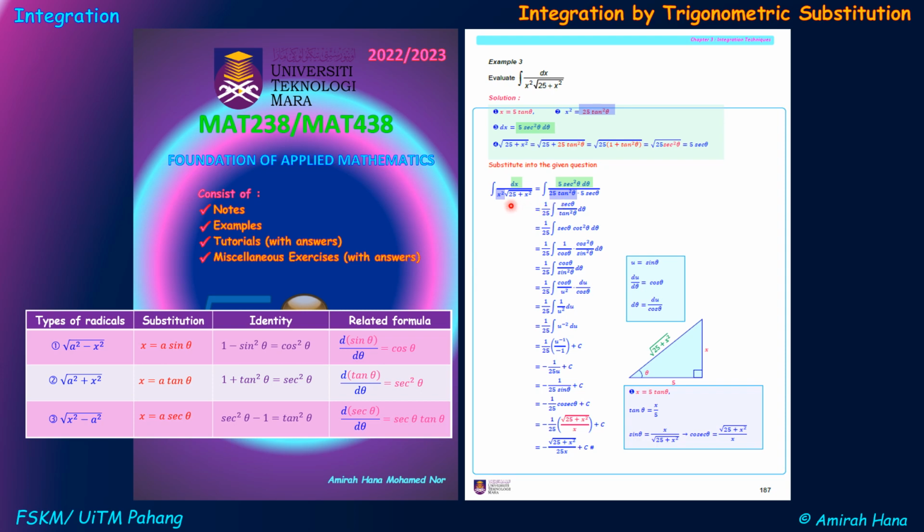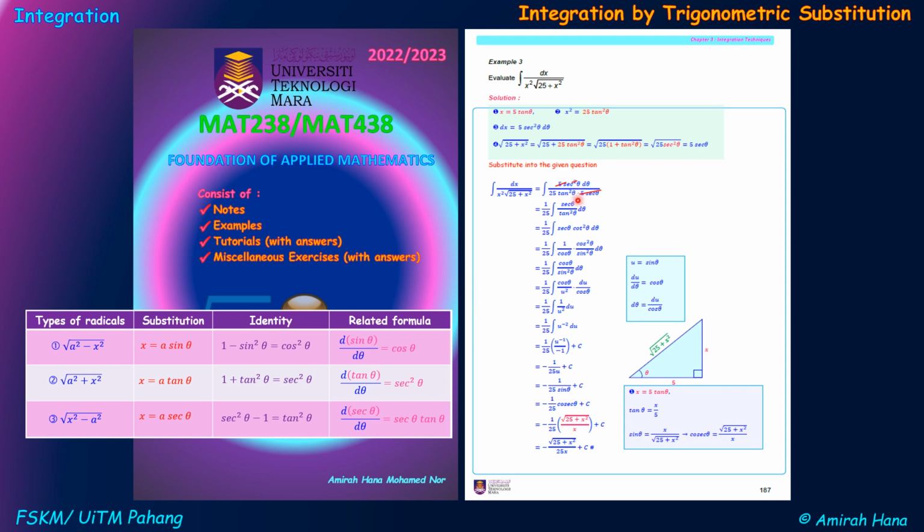And then we have square root of 25 plus x squared. So daripada sini, we have 5 sec theta, right? Then we can simplify 5 in numerator here and 5 in denominator. Lepas tu yang daripada sec squared ni, salah satu sec theta kita boleh simplify dengan sec theta yang di bawah.